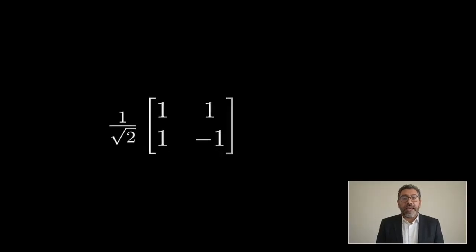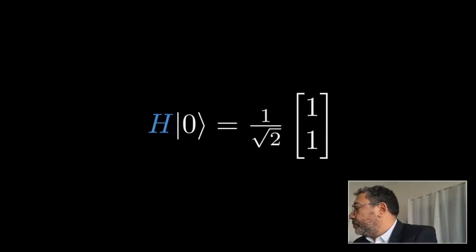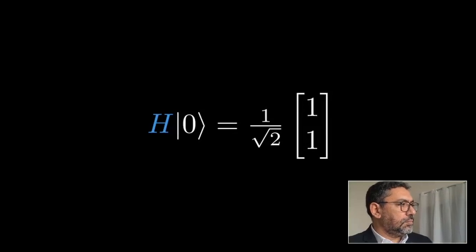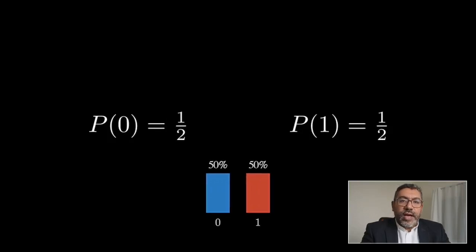Let's multiply H by ket 0. The result is 1 over square root of 2 times ket 0 plus ket 1. When we square the sizes, we get 1/2 and 1/2.